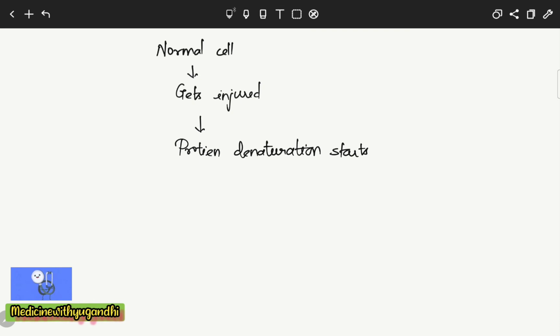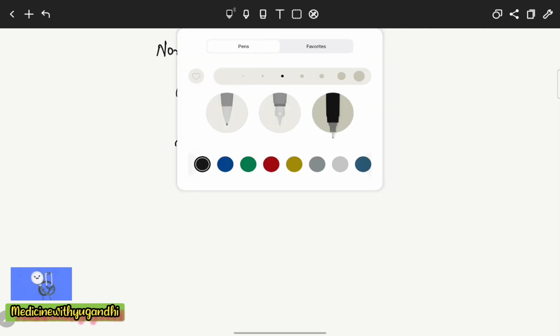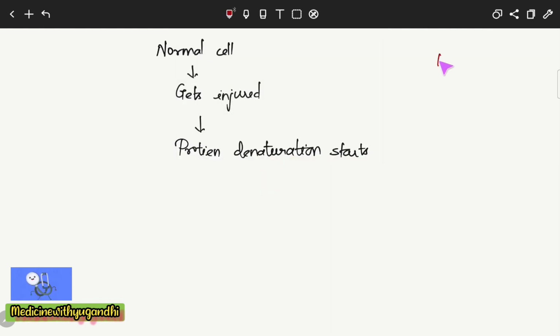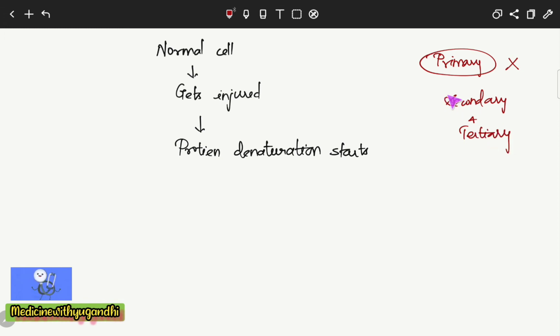The primary structure does not get any disturbance, but the secondary and tertiary structures undergo unfolding.